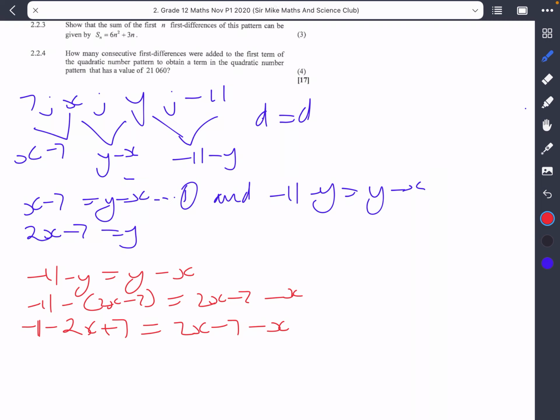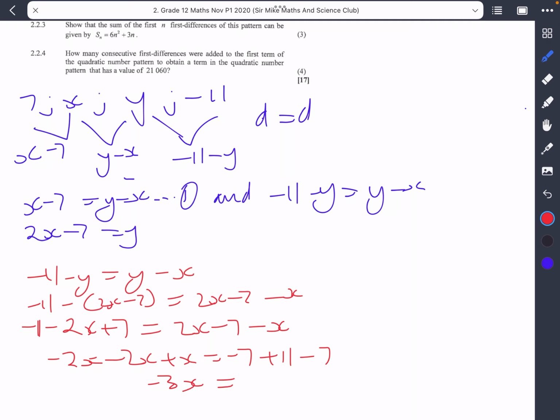Now I'm going to collect like terms. I would have negative 2x minus 2x plus x, which equals negative 7 plus 11 minus 7. On the left, negative 2x minus 2x plus x gives negative 3x.